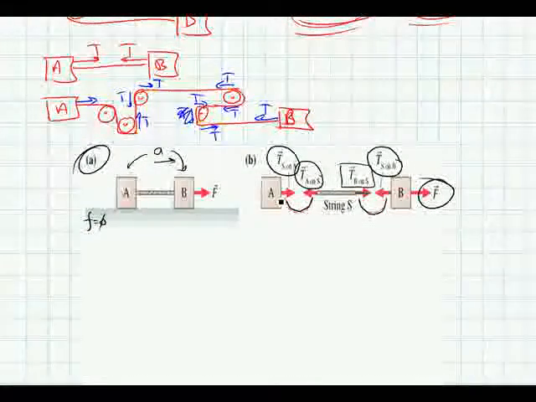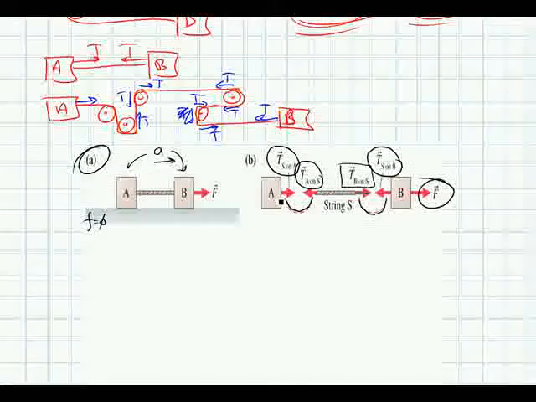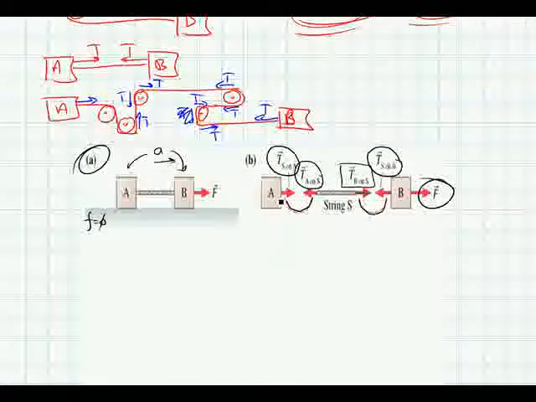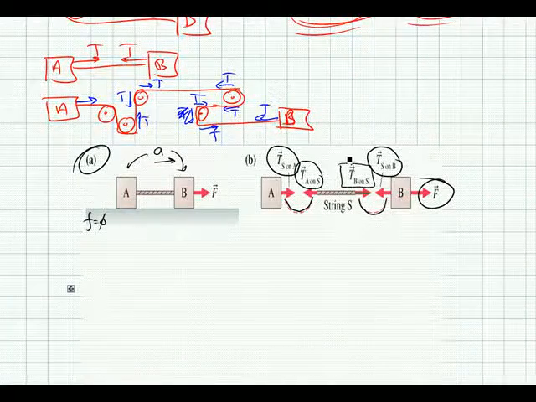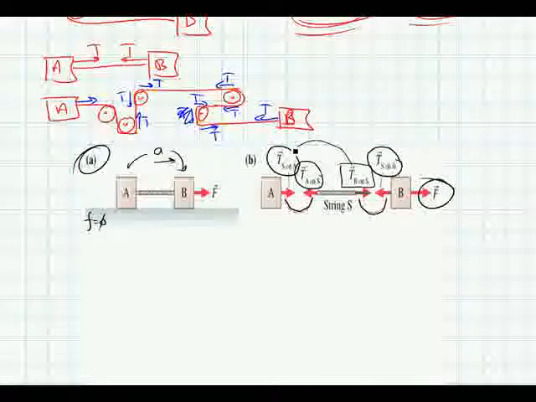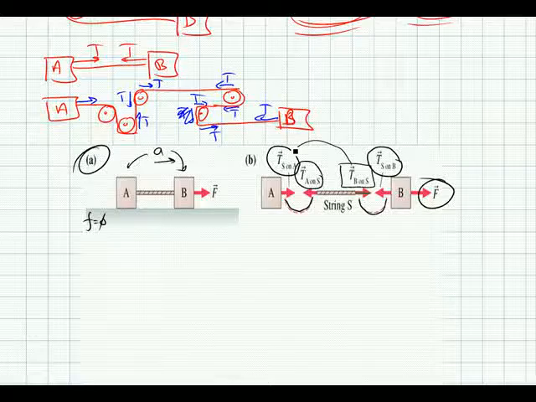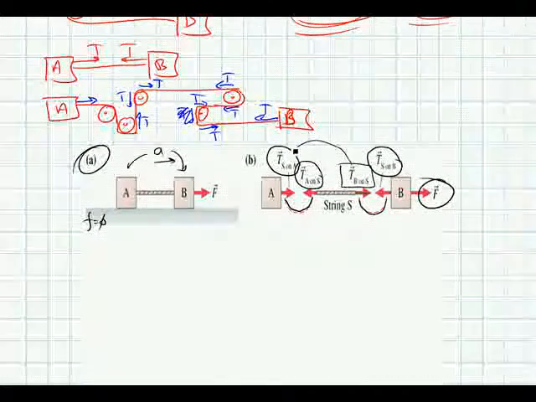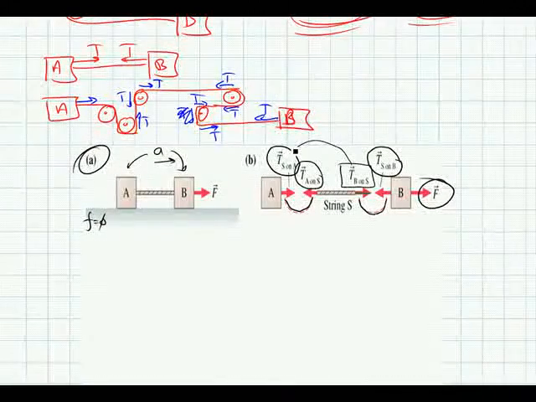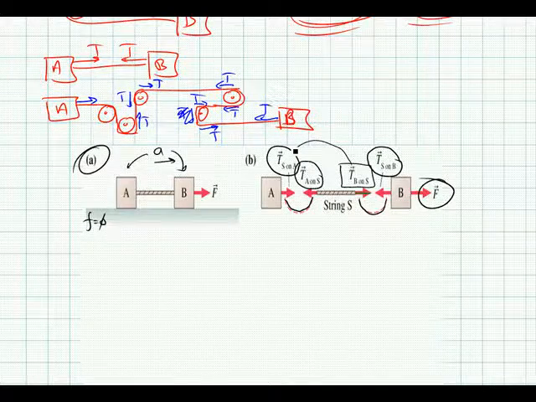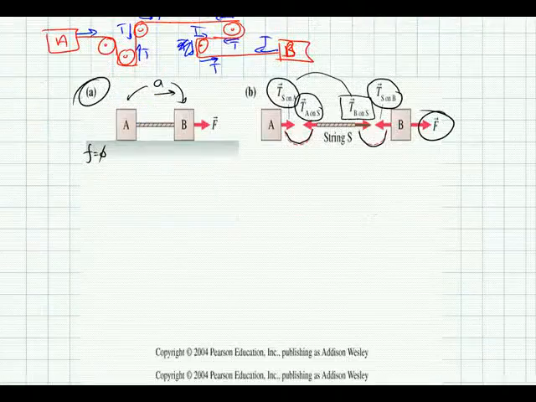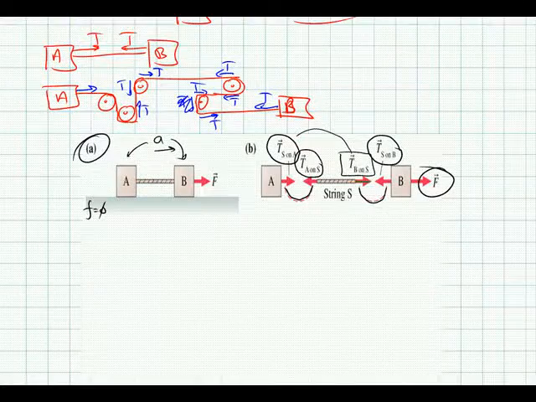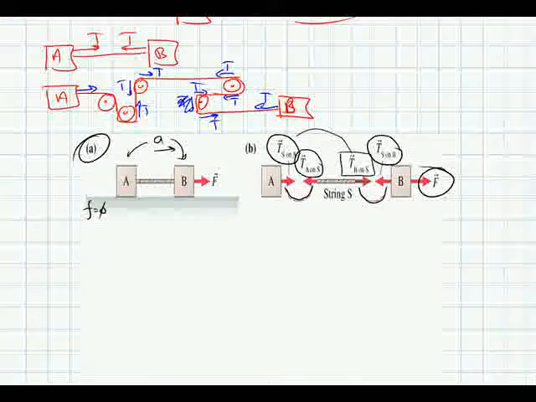Now, the force that B exerts on A in this scenario is the same as the force that the string exerts on A. So essentially, the string acts as if it transfers the force from object B to object A. So that's the massless string approximation.